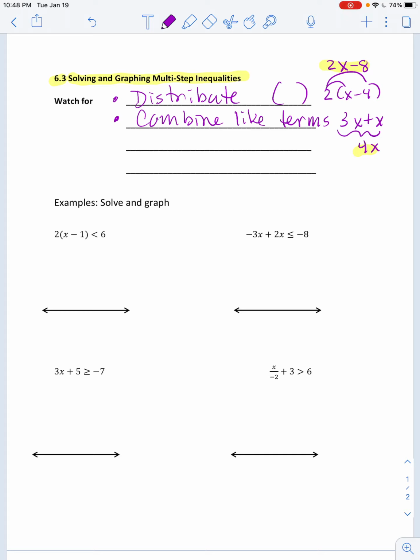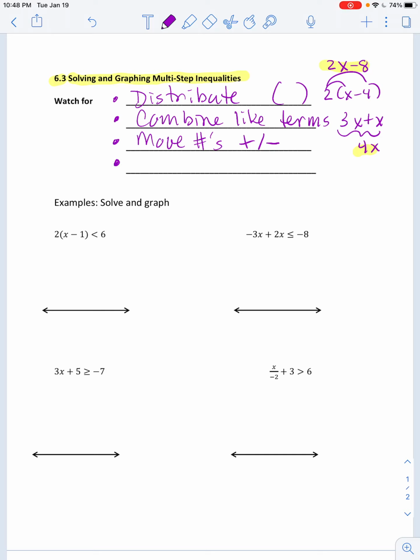At that point, you're going to be getting to the things we've been working on this week. When you have maybe both some multiplication and some addition, what you want to do first is get that x alone. Typically that means you're going to move numbers that are added or subtracted first. They're the most detached from the variable, and I'll show you what I mean in the examples.